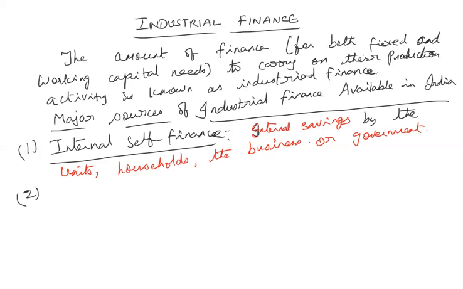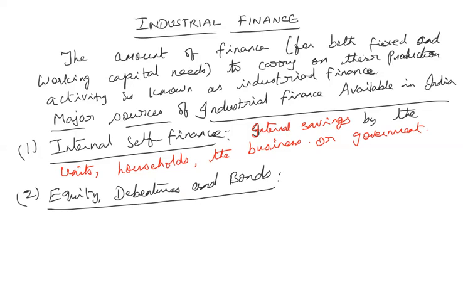Then the second one is through the issue of equity, debentures, and bonds. So they can issue their shares in the open market. So in order to meet the short-term requirements, short-term finance is made by most of the industry.